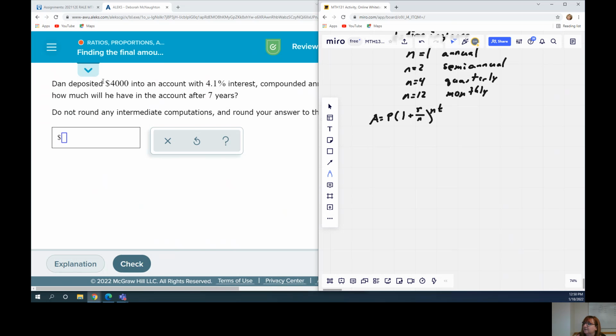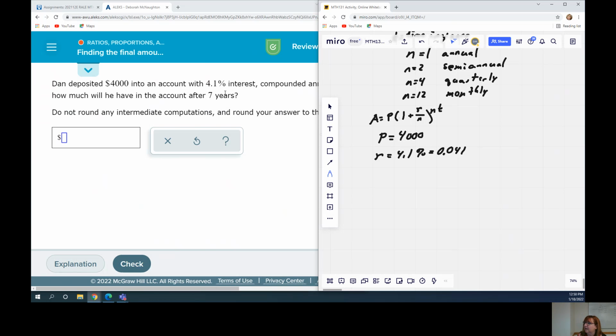So Dan deposited $4,000 into an account. So the amount he deposited is his principal or his initial amount. And the interest rate is 4.1%. So that's my rate. R is 4.1% or 0.041.